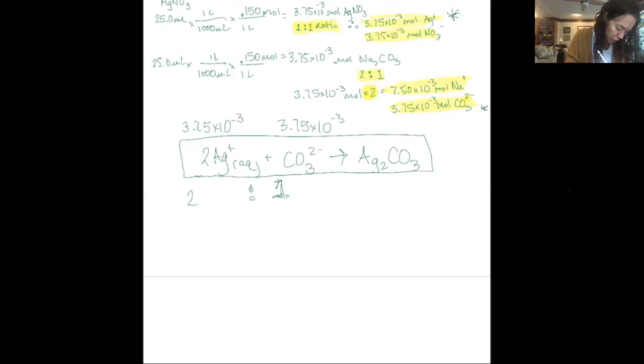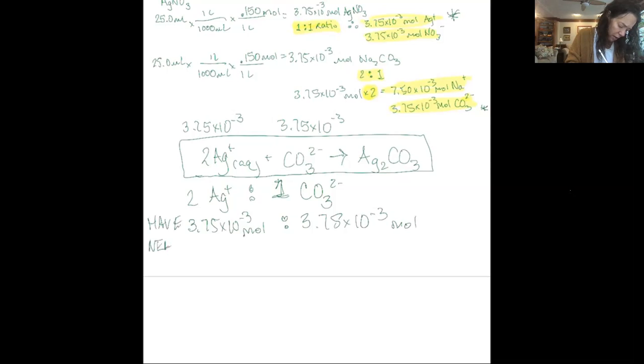I see that it's a 2 silver to a 1 carbonate ratio. I have 3.75 times 10 to the negative third moles to 3.75 times 10 to the negative third moles is what I have, right? Well, what I would need based on my mole ratio would be twice as many.